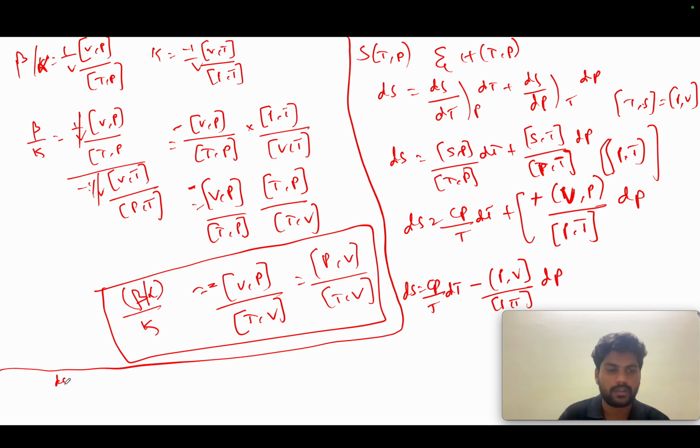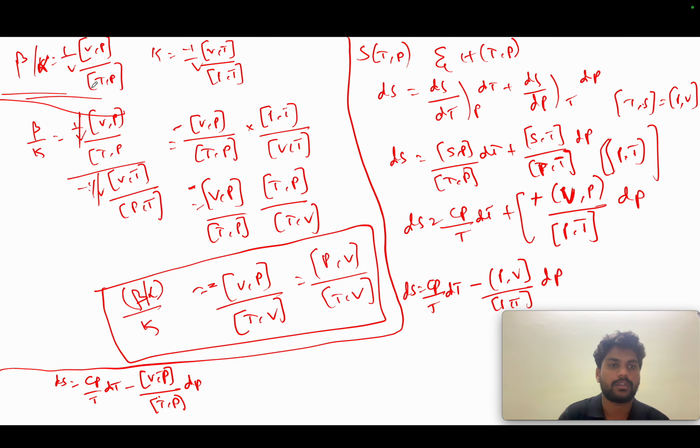Now if I write this equation here, minus of (v, t), sorry, (v, p). So this is nothing but dv by dt at constant p, which is this equation.